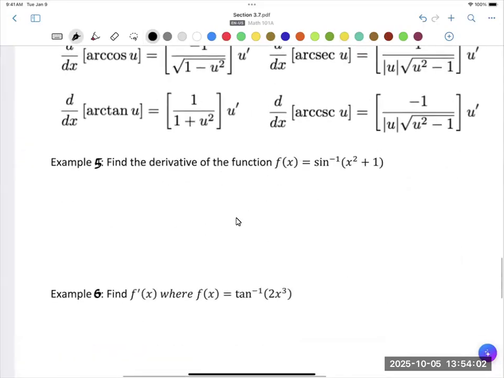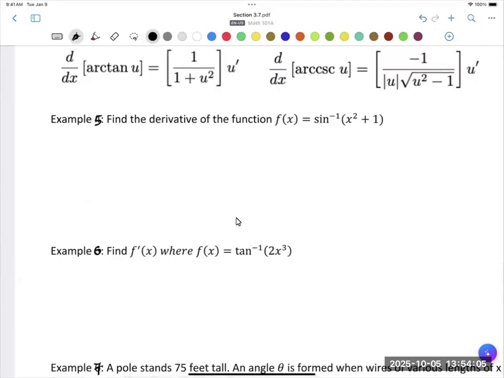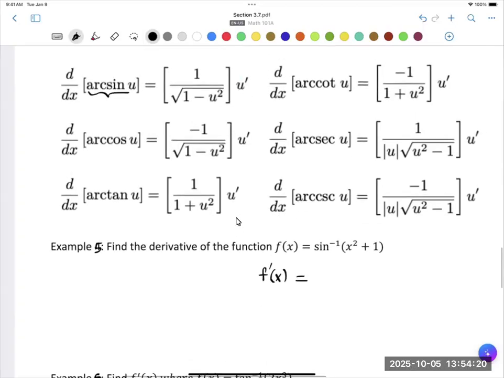Let's take a look at examples number 5 and number 6. I want to find the derivative of sine inverse of x squared plus 1. If we use the derivative rule, then f prime of x is going to equal, what is my u? My u in this case is the expression in the parentheses, so u is x squared plus 1. Now u prime is 2x.